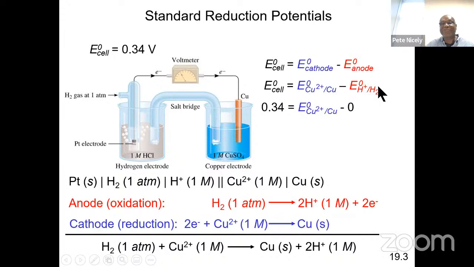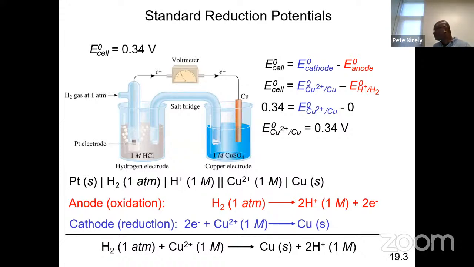And for the standard hydrogen electrode, that is 0 for its reduction potential by definition. So when we put 0 here, we determine that the standard reduction potential for the copper electrode is equal to 0.34 volts. That's basically how we determine the EMF of the copper electrode based on it being hooked up to the standard hydrogen electrode.